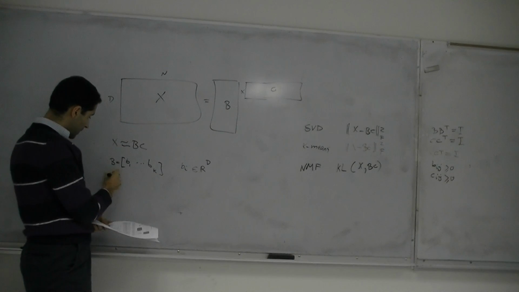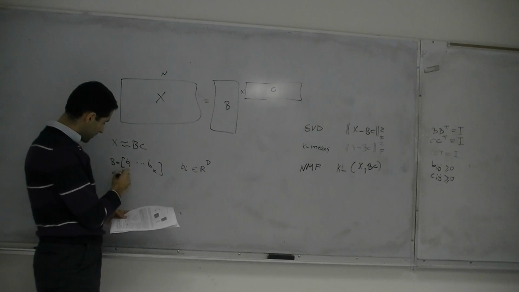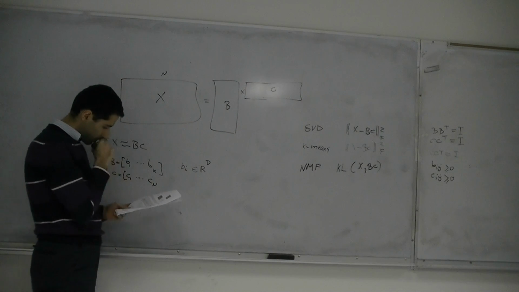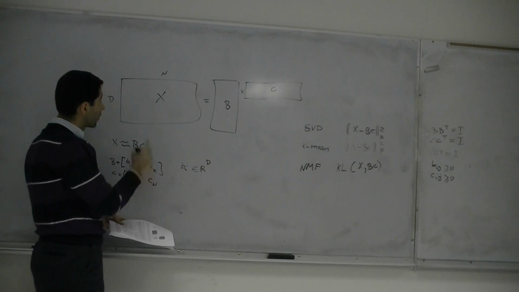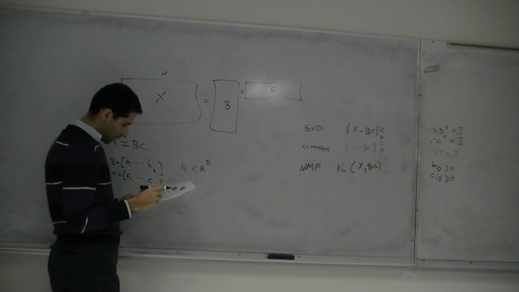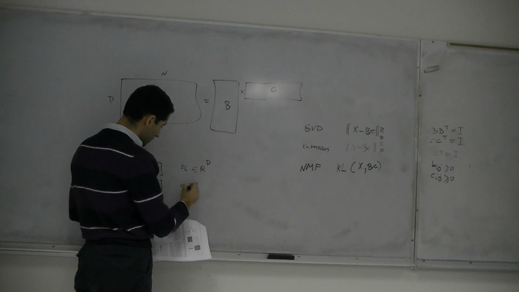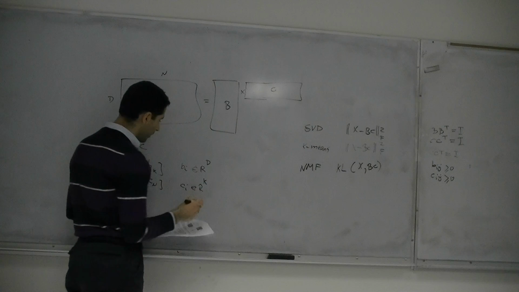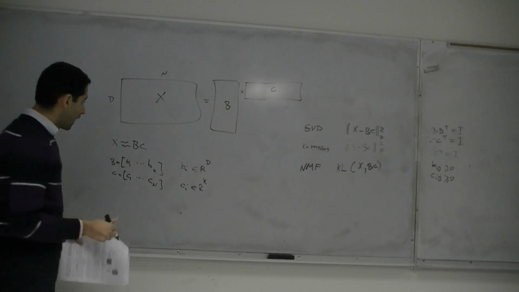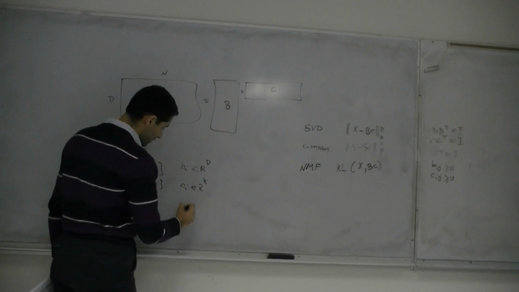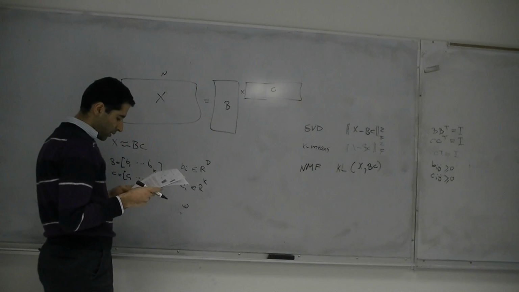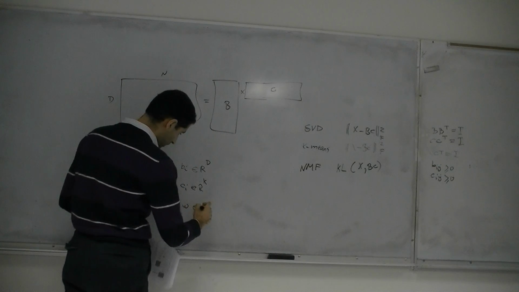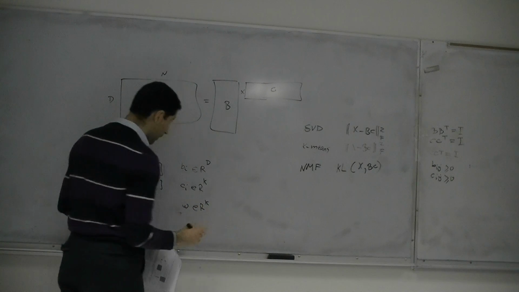And same for C, C1 to Cn. The n is the number of samples, and each C_i belongs to R^K, and we have a vector W that is in R^K.